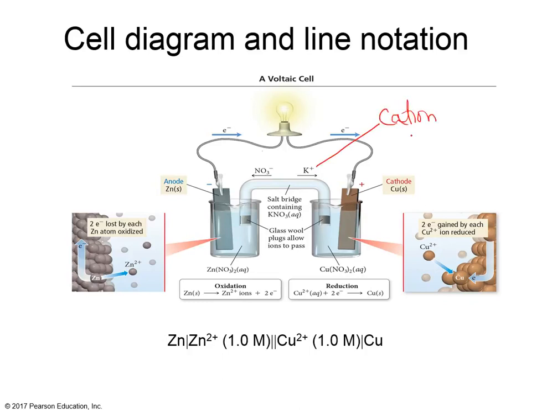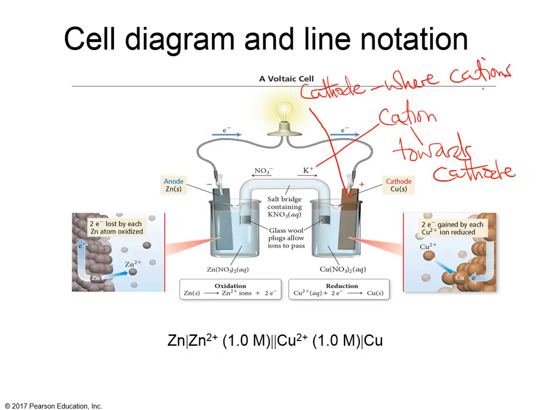The cation on the salt bridge is moving towards the cathode. So what it means is this strip is called a cathode because that's where cations go. So by definition, cathode is where cations go.